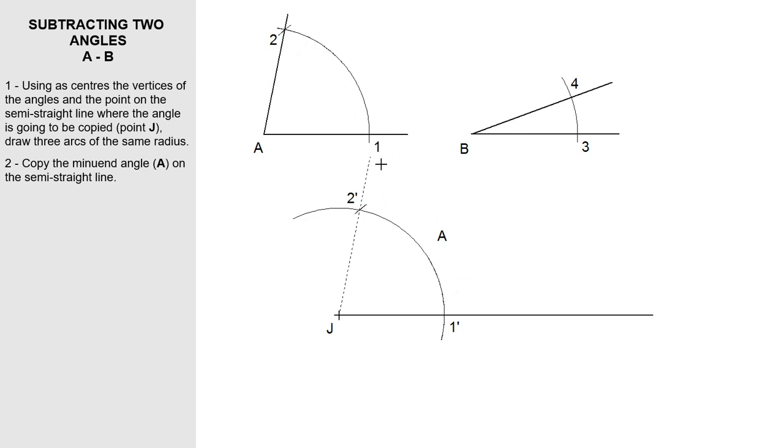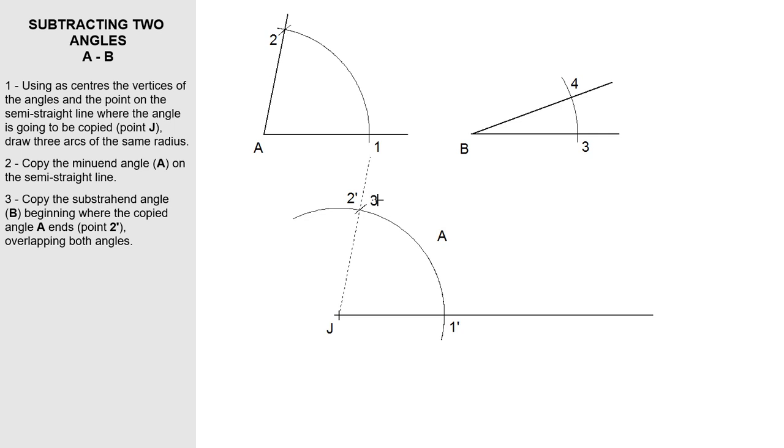Now, in order to find graphically the angle resulting of subtracting angle B from angle A, we have to overlap angle B, the subtrahend angle, over angle A, the minuend angle, from the semi-straight line where angle A ends, that is, the semi-straight line that joins point J to point 2'.